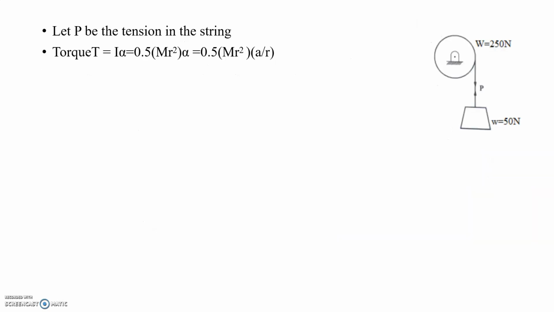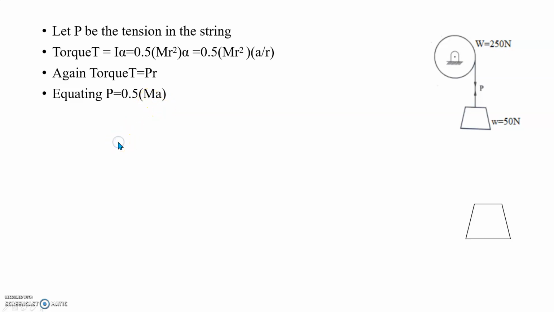Let P be the tension in the string. So T equal to I alpha equal to half into M R square into alpha. Again we have expression for T as P into R, that is tension P into radius of the drum. Equating these two expressions for torque, we will be getting the relation P equal to 0.5 into capital M into acceleration.